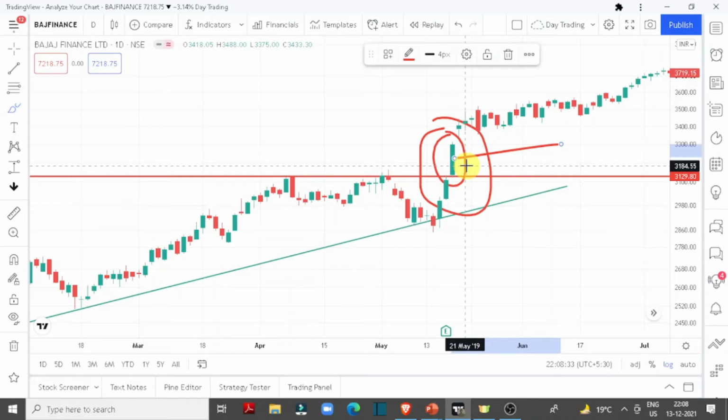So the point at which the breakout happens is the most important point in the trend. I hope this thing is clear to you. We will understand different methods to analyze whether this is a right breakout or a wrong breakout, a false breakout or a good breakout. We will understand this thing very shortly.